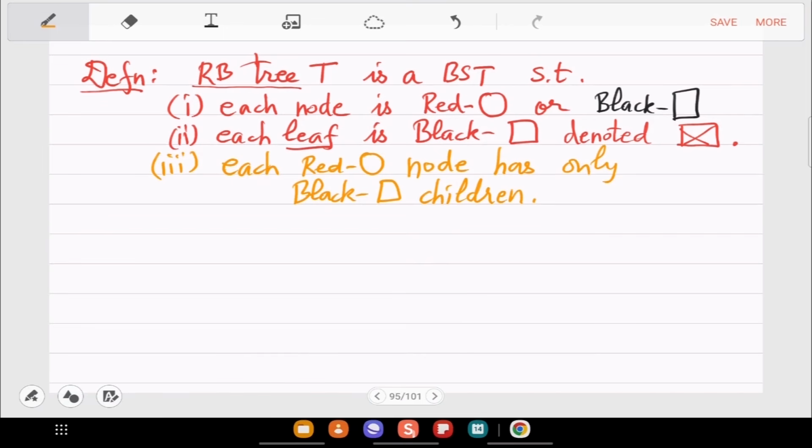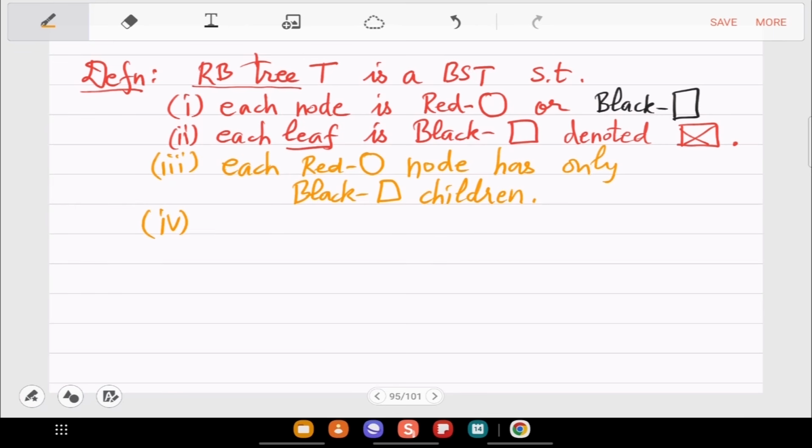Which means that a red node can have two null pointers, which are leaves and by definition black, or one or both of the children may be records, but then those nodes have to be black. Red cannot have a red child.